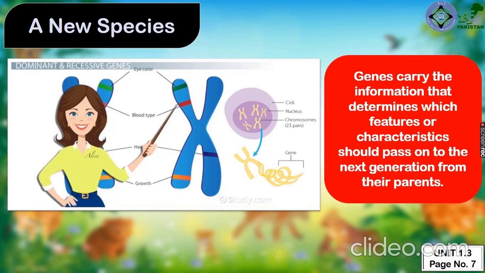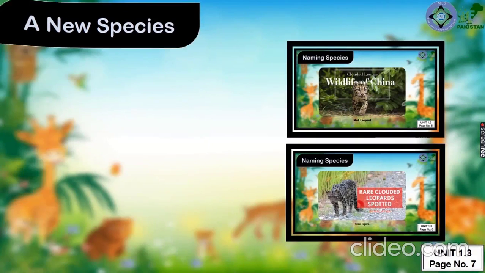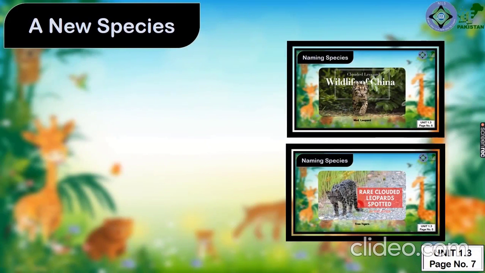For example, what was the eye color of your parents and what should be yours? What was the blood group of your parents and what should be yours? And so on. Animals also have genes in their cells.